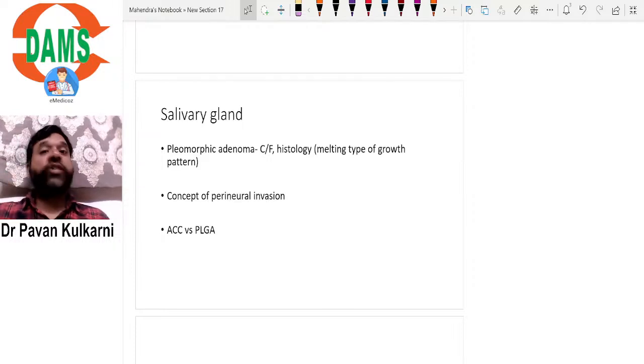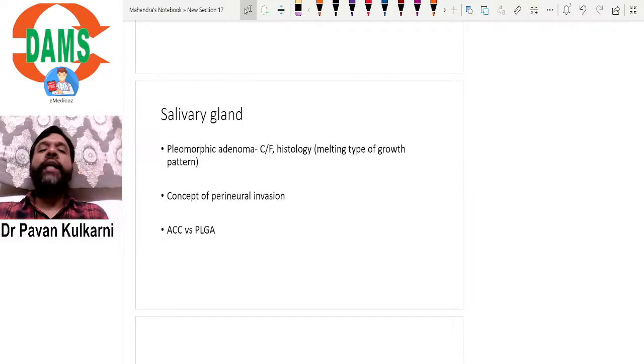Then exactly how to differentiate between the two? Because the first question comes, why do we need to differentiate? Because one is high grade, ACC is high grade. PLGA, polymorphous low grade adenocarcinoma. The name itself will suggest low grade. That means its prognosis is good. So the difference between ACC and PLGA is very important. Now how to differentiate?